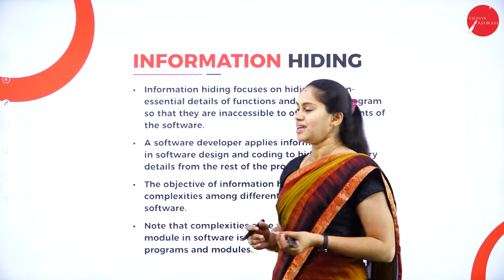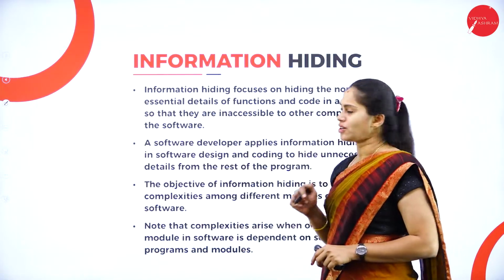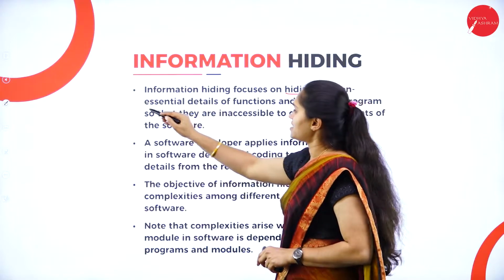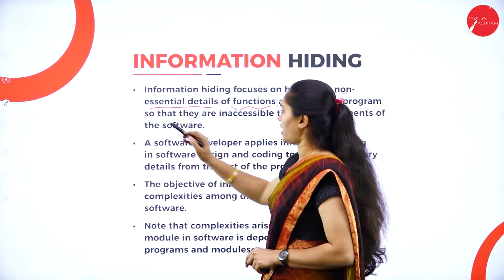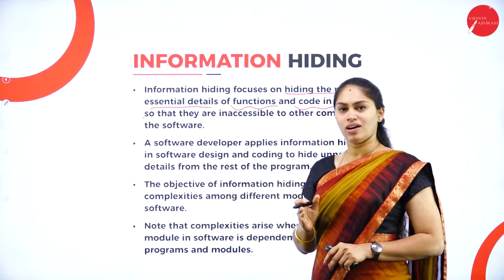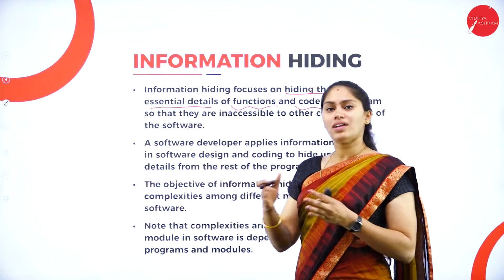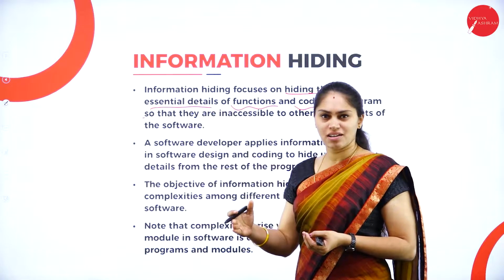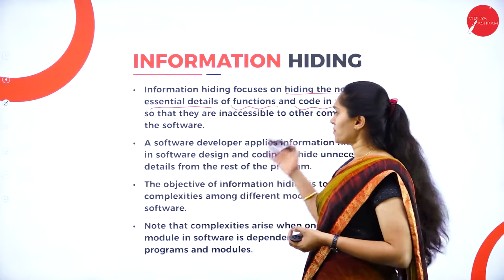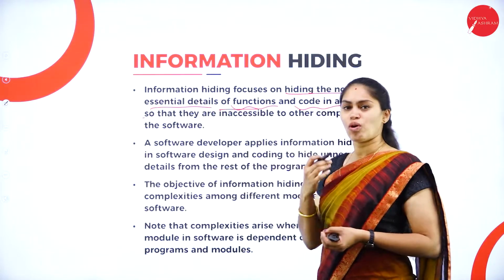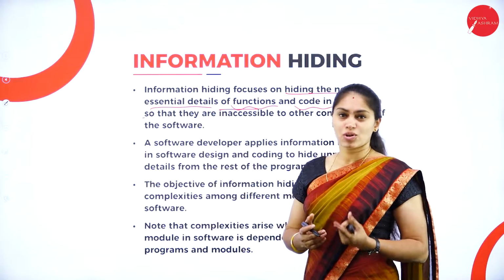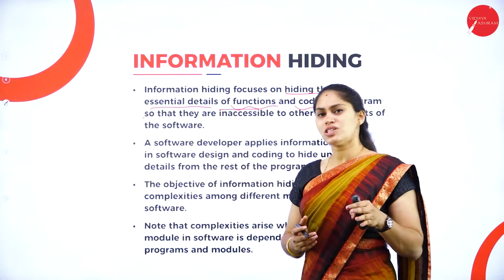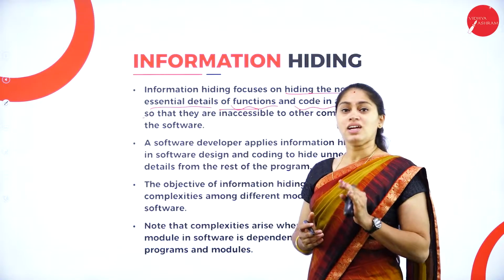So information hiding mainly focuses on hiding the non-essential details of the functions and code in a program, which are not necessary for the user to know, such as what functions they are using, how the function has been called, and what methods or methodology they are using. The user should not get to know all those things.